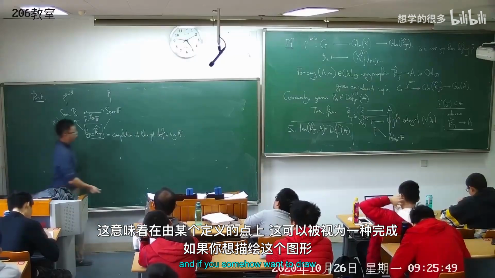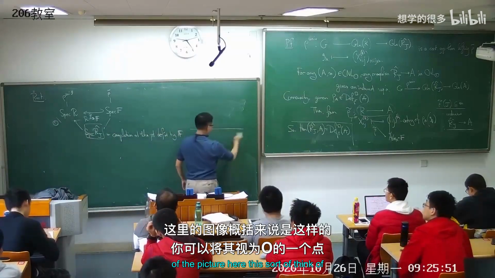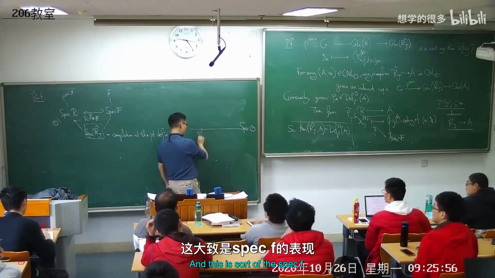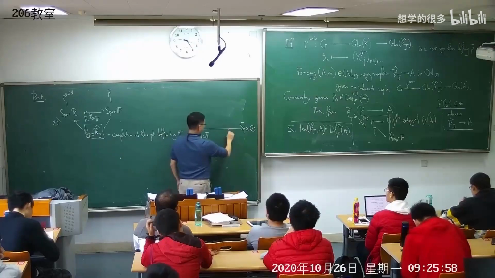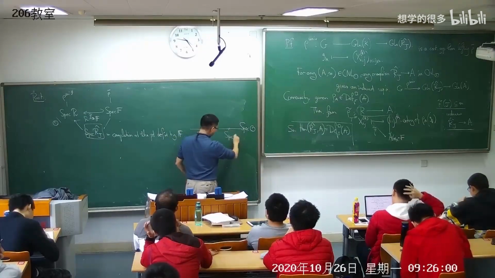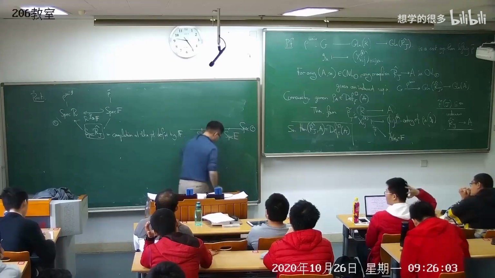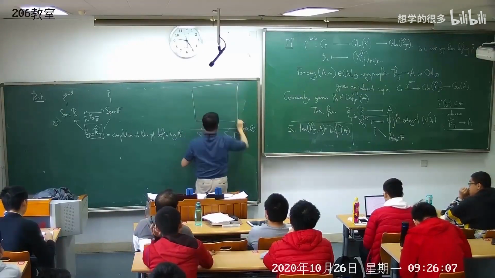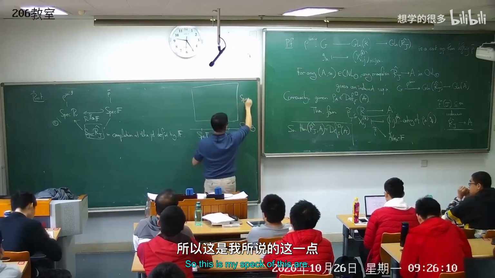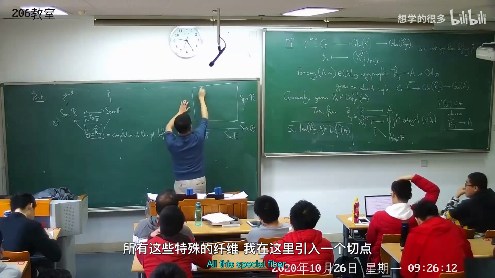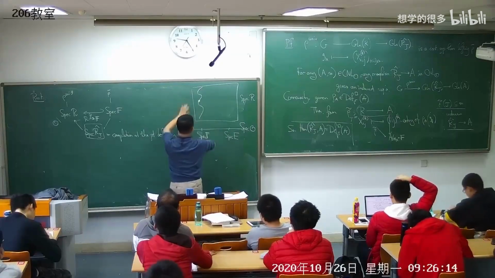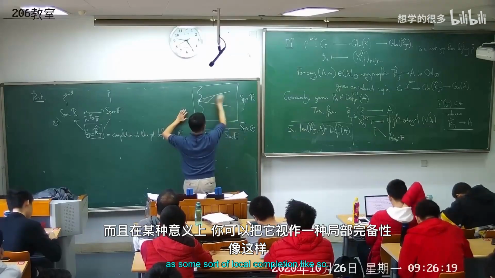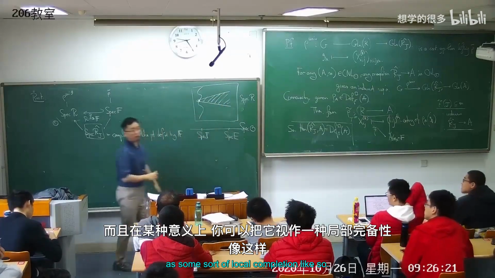If you want to draw the picture here, think of this as spec of O, and this is spec F. This is the generic fiber, E, right? And I have some sort of space like that. So this is my spec of this R. On this special fiber, I'm taking a point here. And the completion, you could think of as some sort of local completion like so.